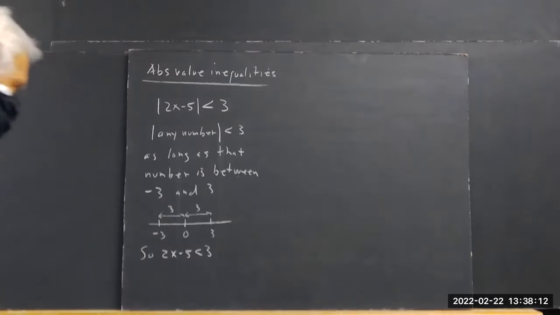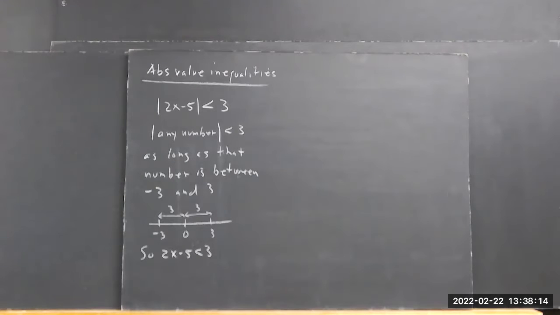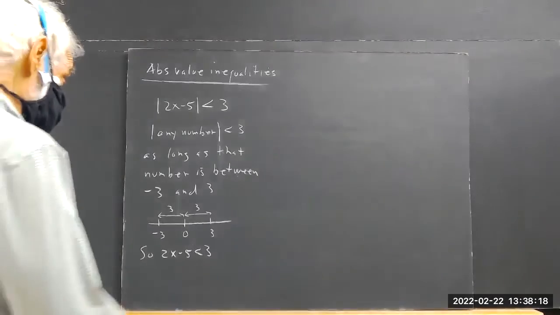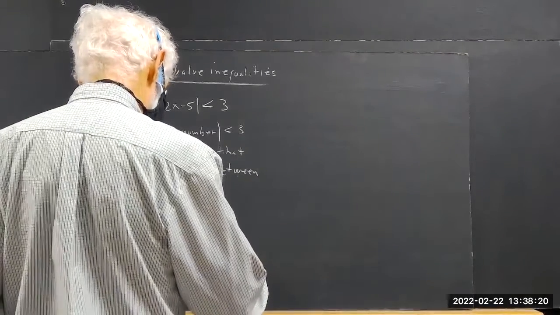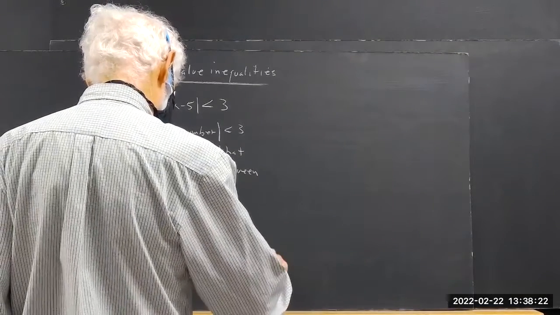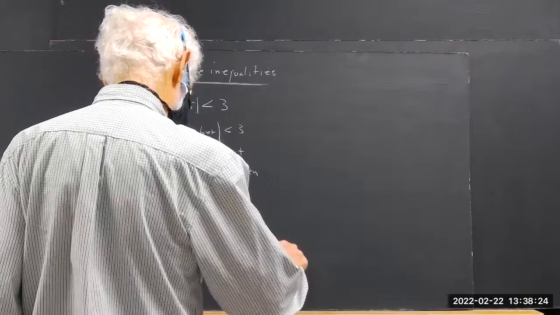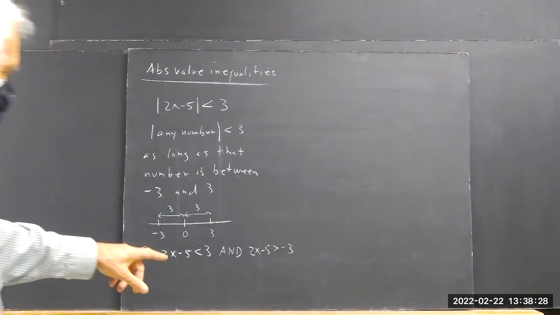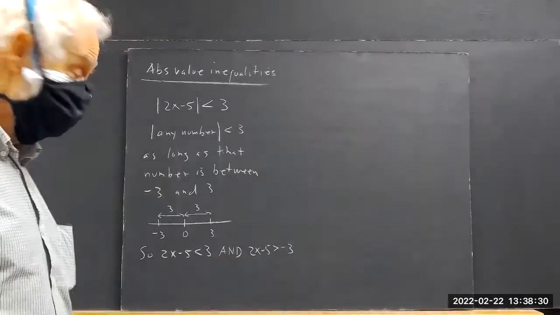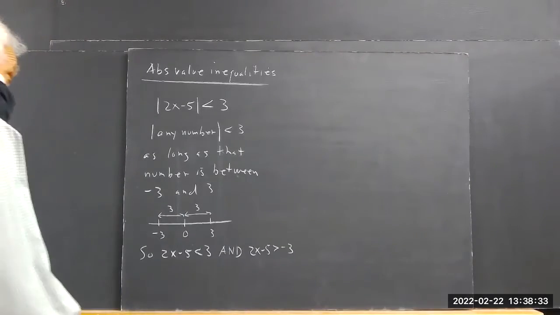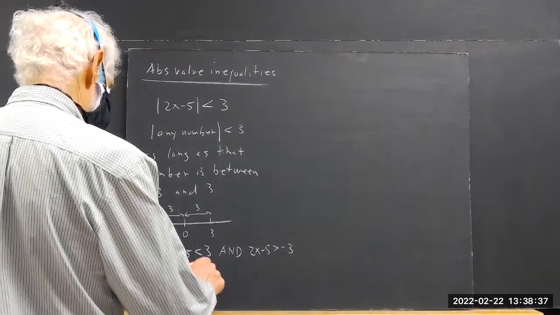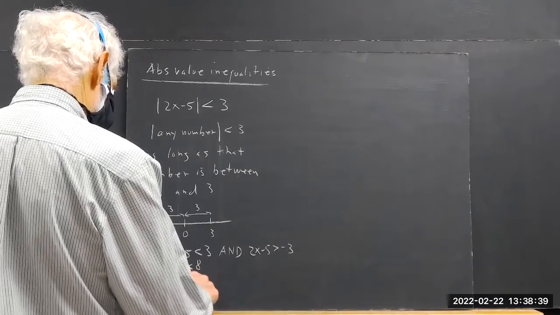So 2x minus 5 has to be less than 3, right? But it's also got to be greater than -3. So you've got two inequalities to solve here. Well, it's easy to solve this. You add 5 to both sides, and you get 2x less than 8. So x is less than 4.